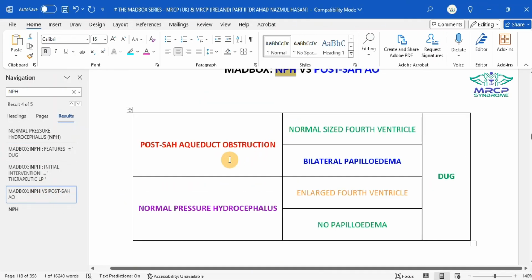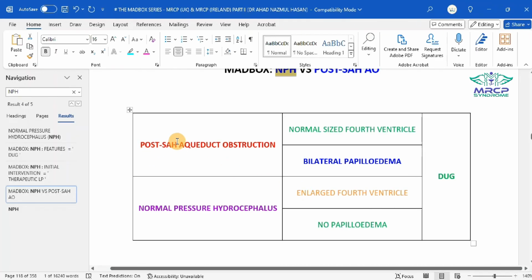And in some cases, it becomes very difficult to differentiate post subarachnoid hemorrhage aqueduct obstruction versus normal pressure hydrocephalus. In case of NPH, there would be an enlarged fourth ventricle but no papilloedema.